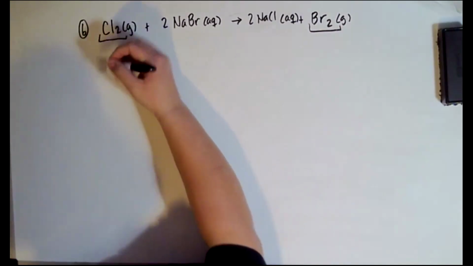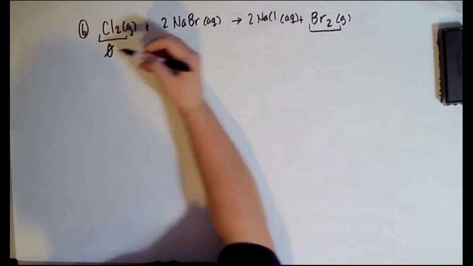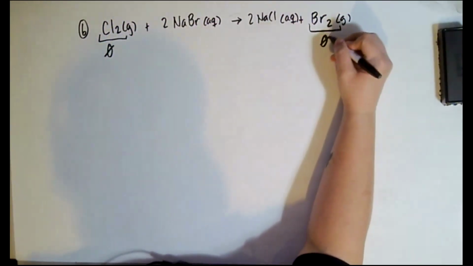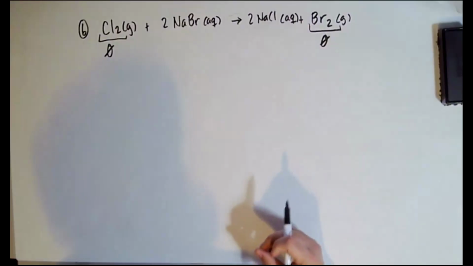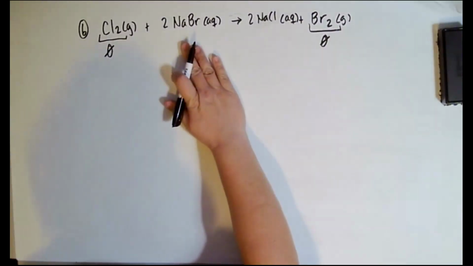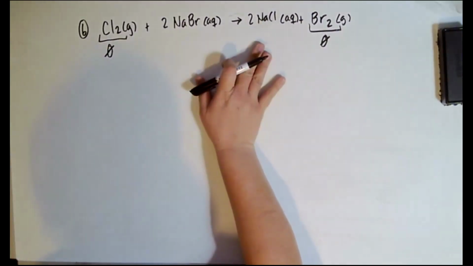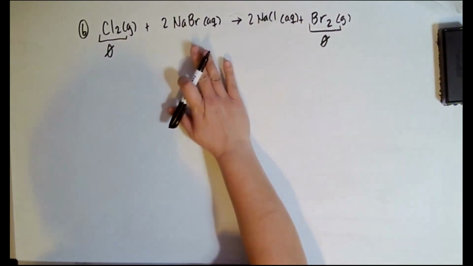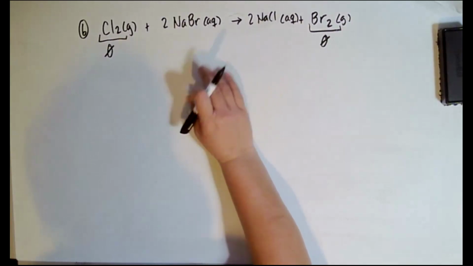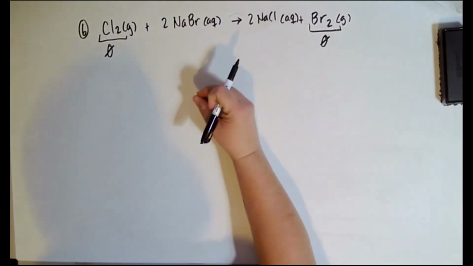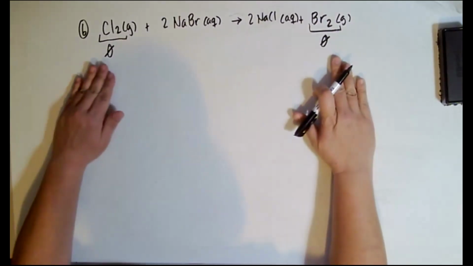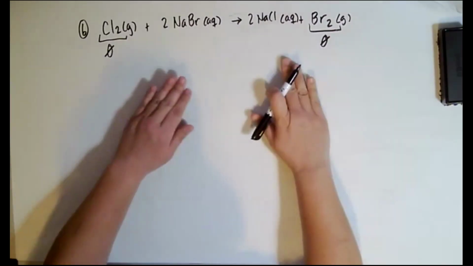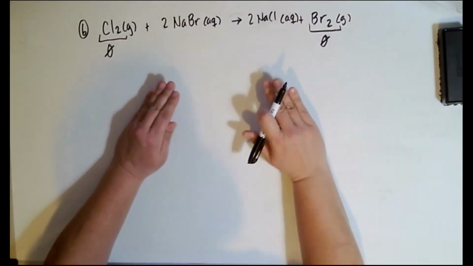So our Cl2 and our Br2 are both going to have oxidation states of 0. When they're forming compounds, the elements that are part of those compounds are going to have oxidation numbers that are different than 0. So when the elements are by themselves, they're 0. When they're part of compounds, they're going to change from 0.